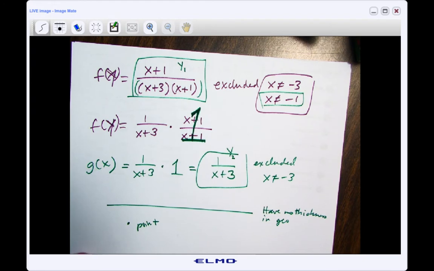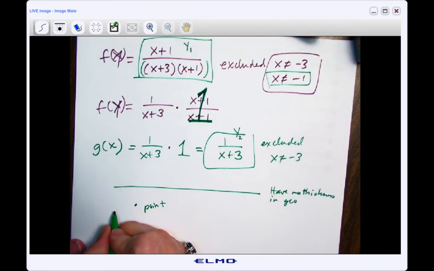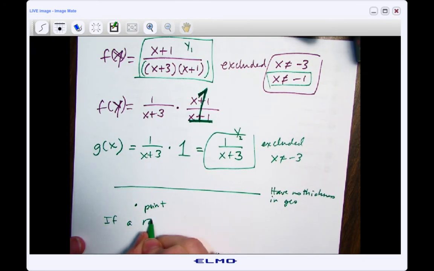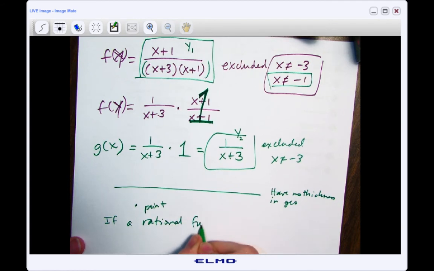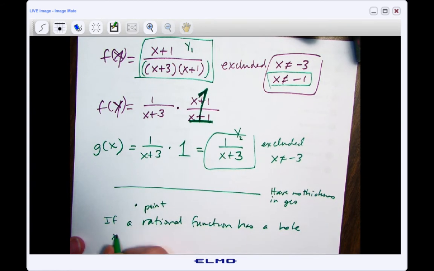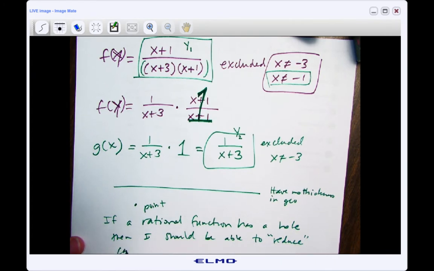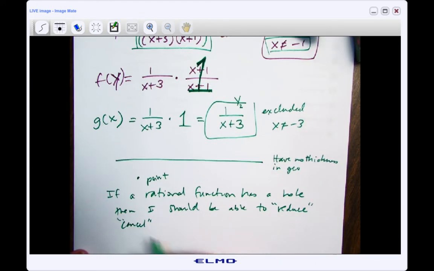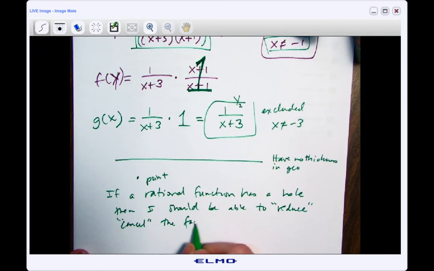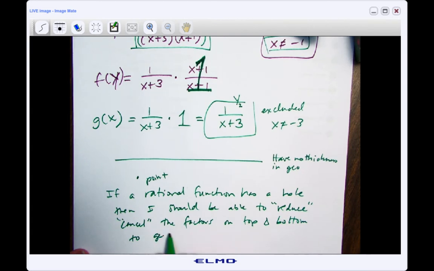So if a function has a hole, so if a rational function has a hole, then I should be able to reduce, I don't know what word you like to use, cancel the factors on top and bottom to get 1.